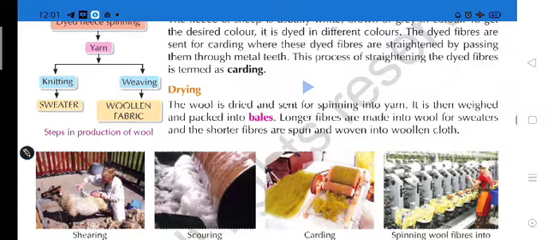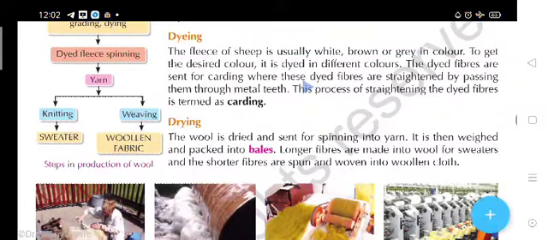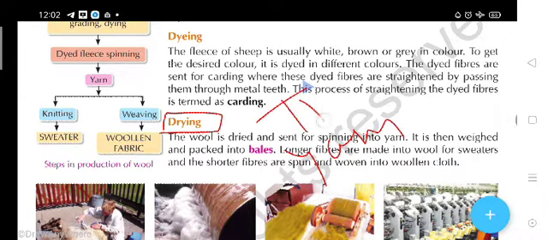And drying means to decrease the amount of water in the wool. So the wool is dried and sent for spinning into yarn. As I told you, yarn means like a thread.